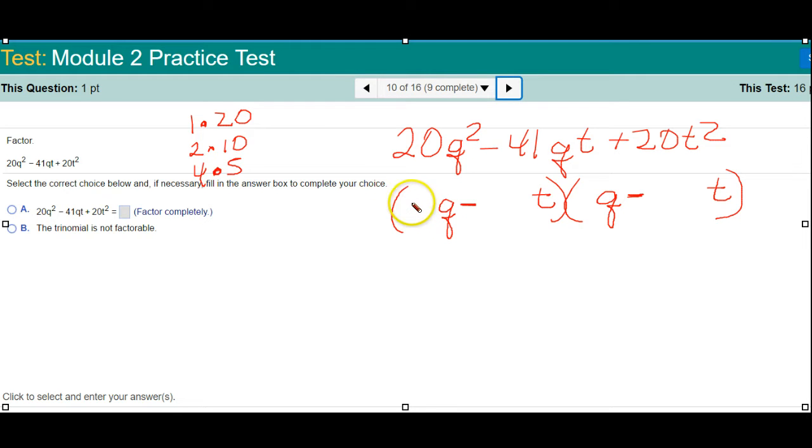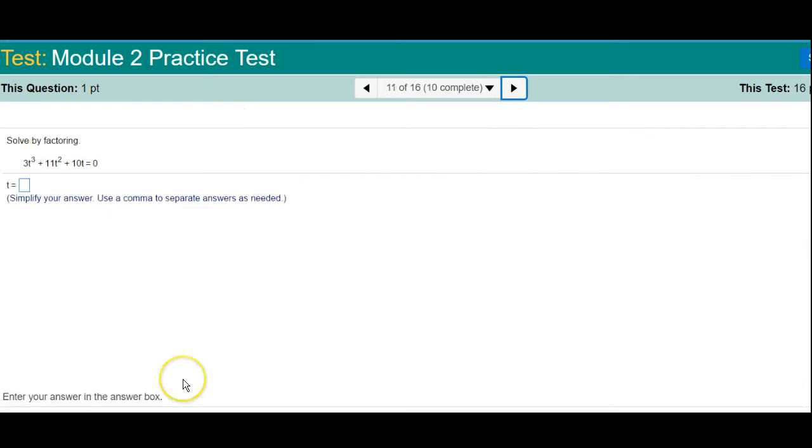So a 20 and a 1. Again, you're going to have to play with this, as I will, but this is the strategy. Trial and error. Guess and check. Now that last one was factorable, and it was 5 and 4s, to give you a little hint.